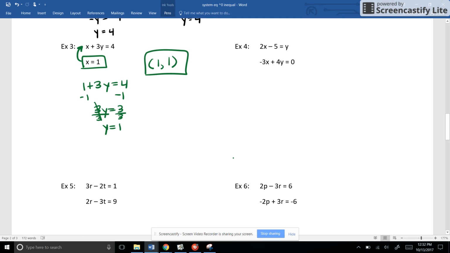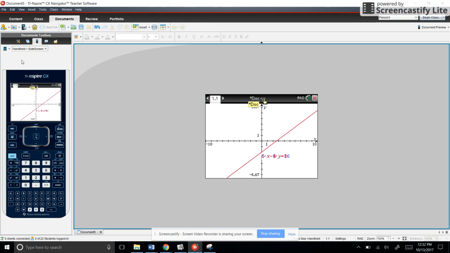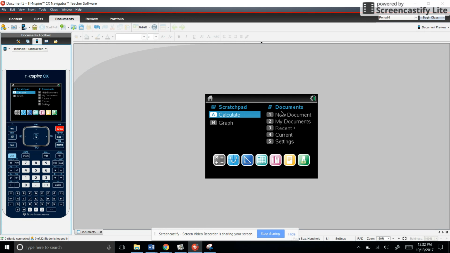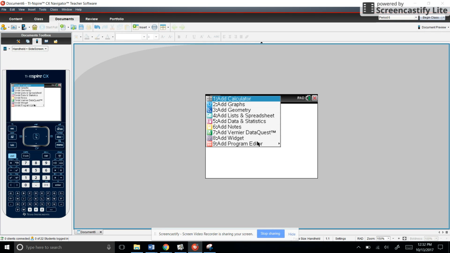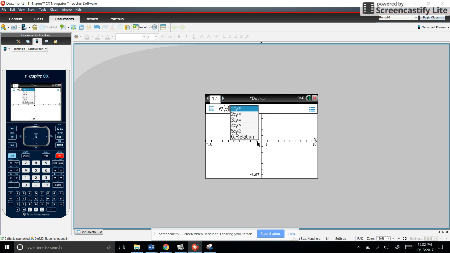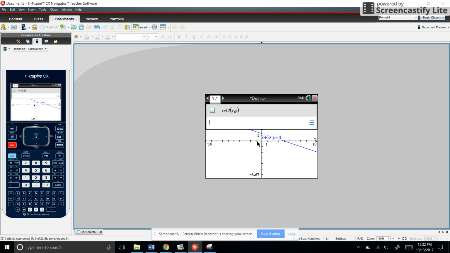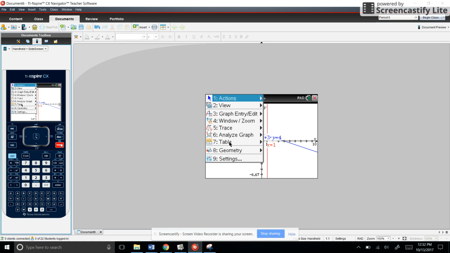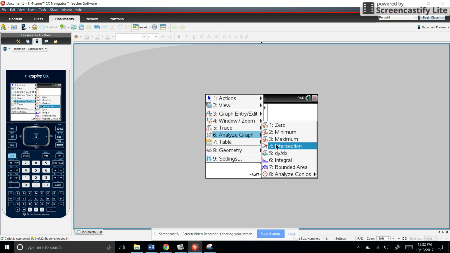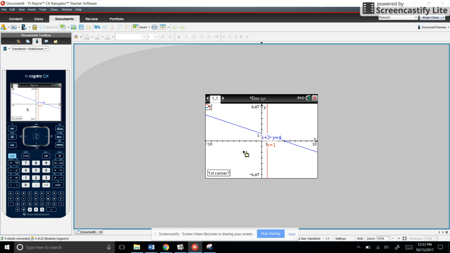You can still graph this. x plus 3y equals 4. Go to relation. x plus 3y equals 4. Tab, and it was just x equals 1. We'll go to menu. We'll go to analyze. We go to intersection.